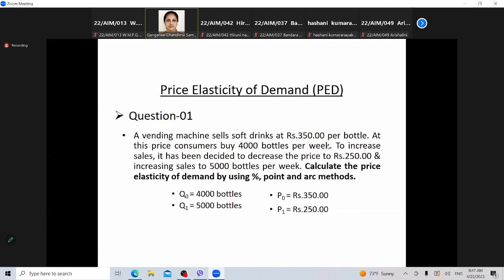So price change is 100 and quantity change is 1000 for 4000 should be divided by 100 for 350 multiplied by initial price is 350, initial quantity is 4,000. Again, try other students.